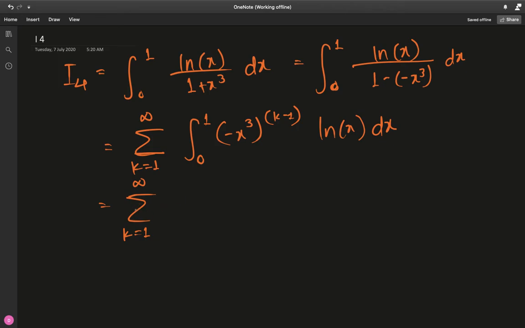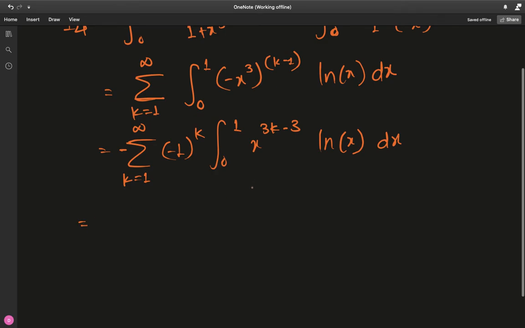So we'll have negative 1 to the k minus 1. So we can split that up into negative 1 to the k and a negative sign, and the integral from 0 to 1 of x to the 3k minus 3 times natural log of x dx.